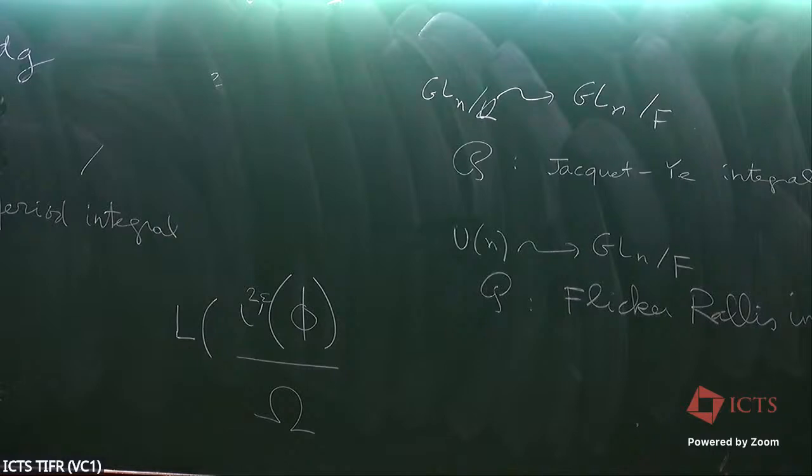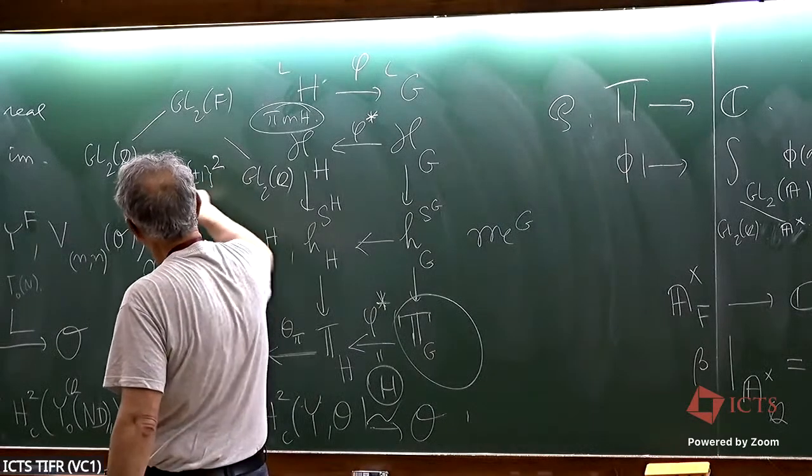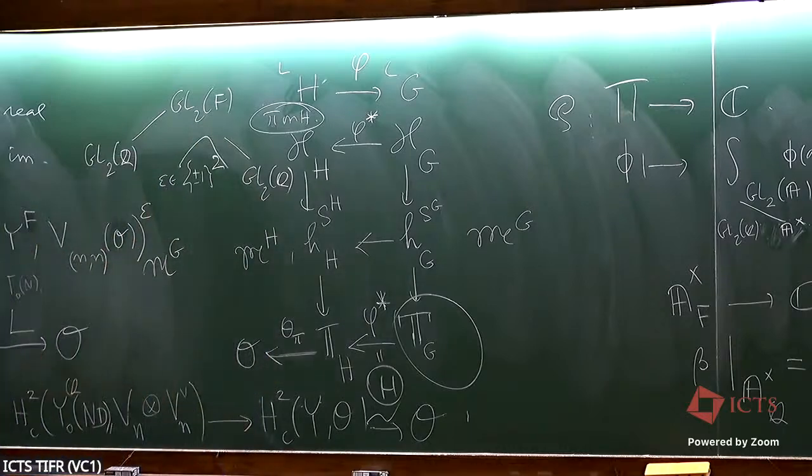So we need to take the epsilon part. You choose some epsilon, a character. So epsilon is a character of plus minus 1 square, because we are over a quadratic extension. So, character of this. So we took iota2 epsilon of the nice automorphic form that we chose.